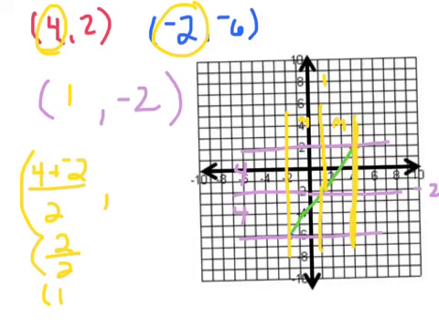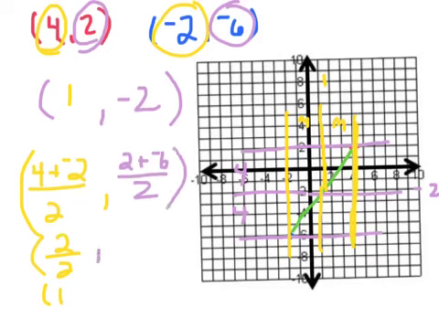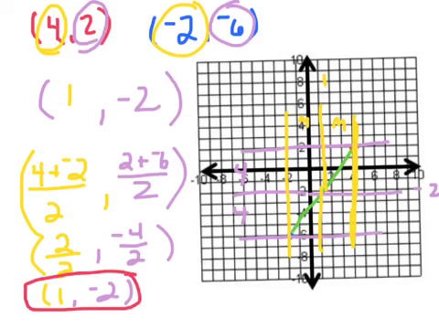If I look at my y values then, I'm going to do 2 plus a -6, and then divide by 2. So 2 plus a -6 is -4, divided by 2. -4 divided by 2 is going to be -2. So this is giving me my midpoint, which matches up exactly with where I thought it would be graphically.